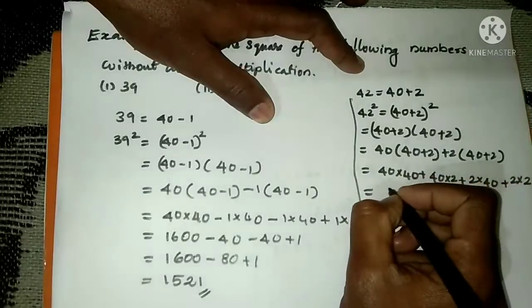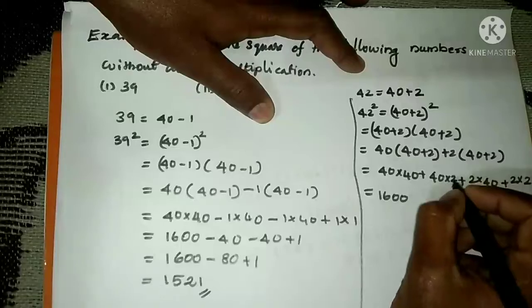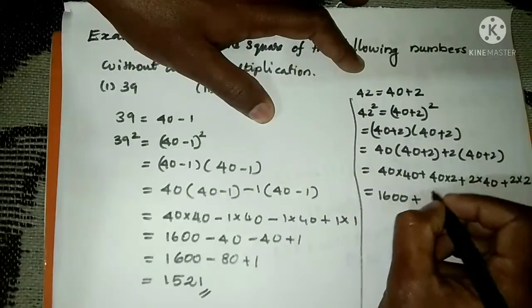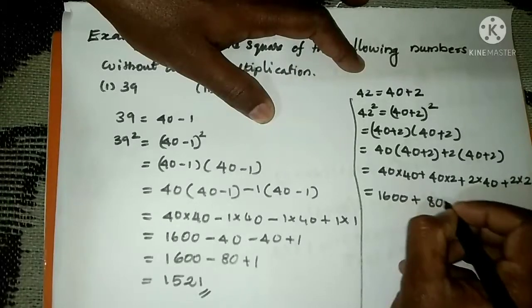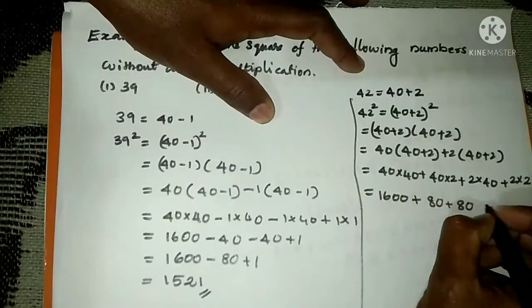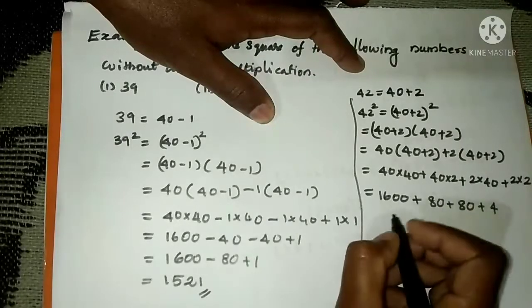Multiplying these numbers is very easy. 4 times 4 is 16, then 2 zeros, and here plus 40 times 2 is 80, 2 times 40 is also 80, plus 2 times 2 is 4.